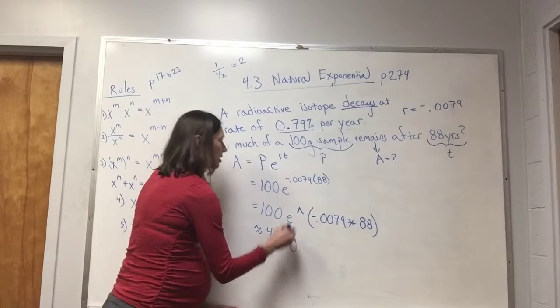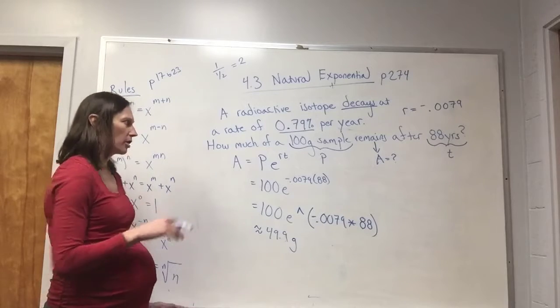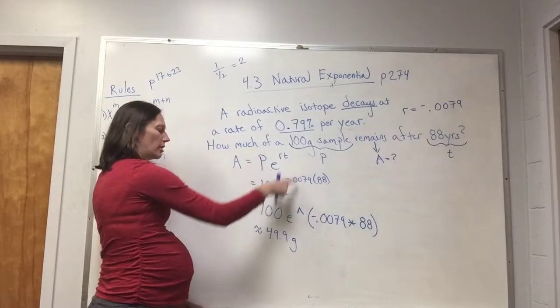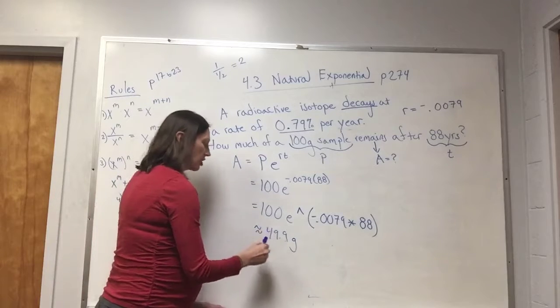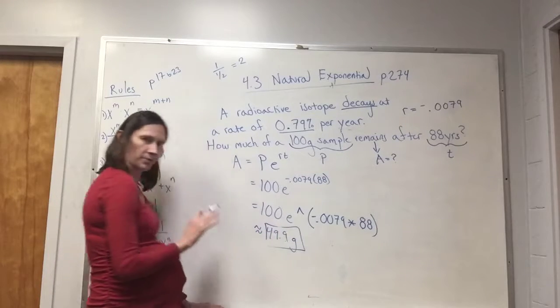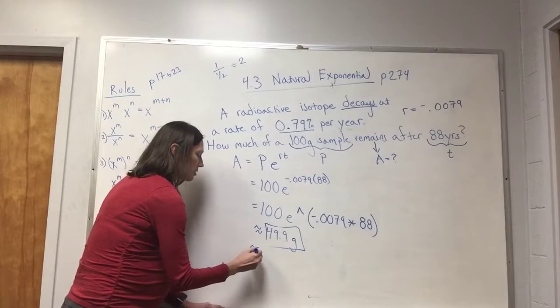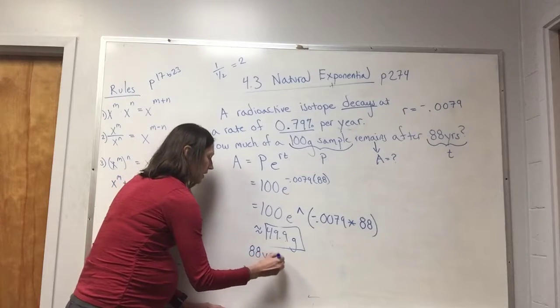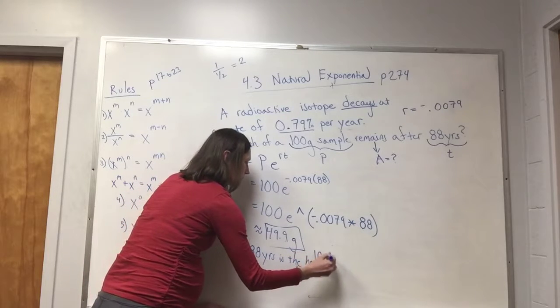So this is an amount in grams. This is actually a pretty special number here. We started with 100, and we ended up with about 50 left. So this is the final answer to the question. But in this situation, I would say that 88 years is the half-life of the isotope.